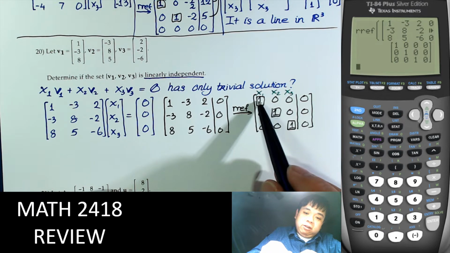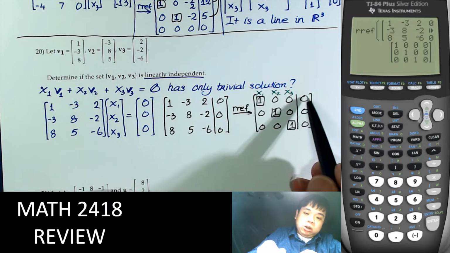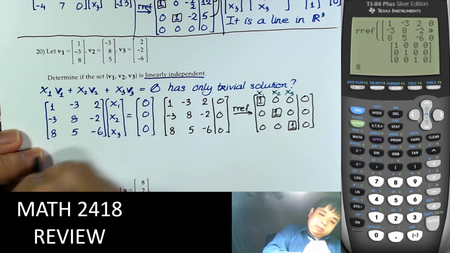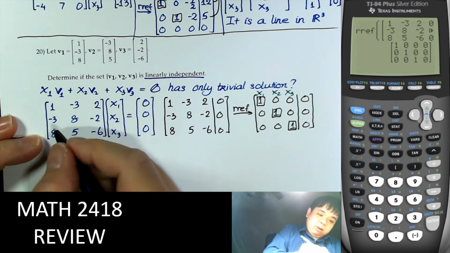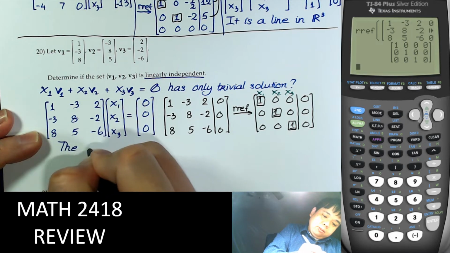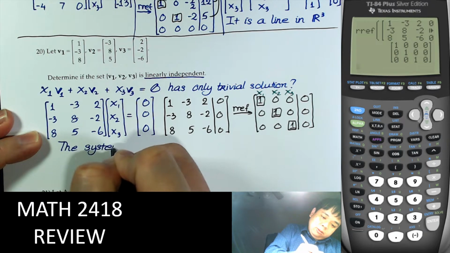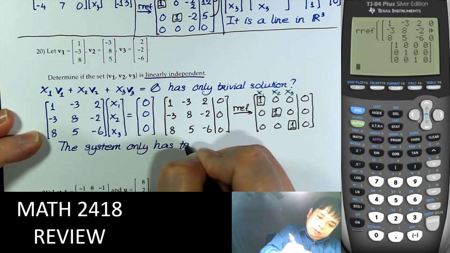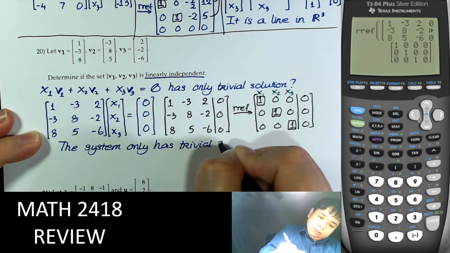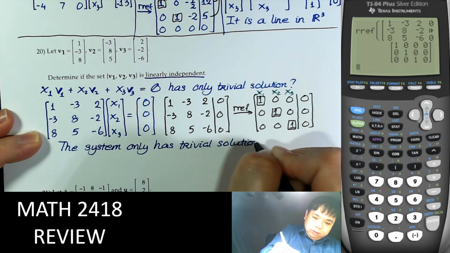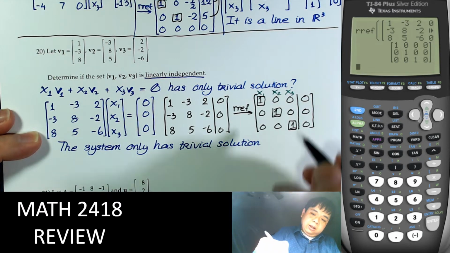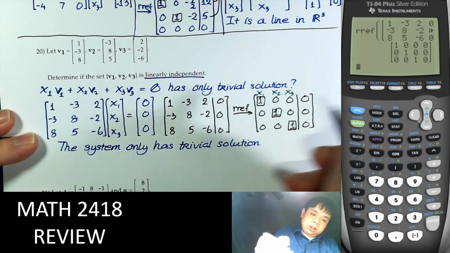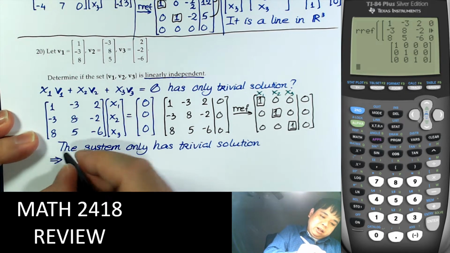So in this case we have only the trivial solution, right? x1 equal to 0, x2 equal to 0, x3 equal to 0. So the system only has the trivial solution: x1 equal to 0, x2 equal to 0, and x3 equal to 0. So the vectors are linearly independent.